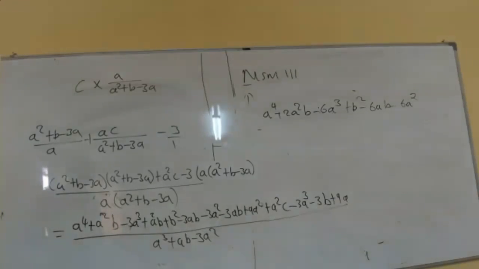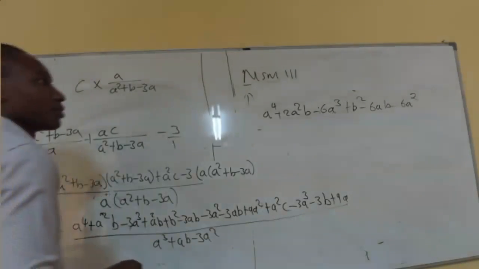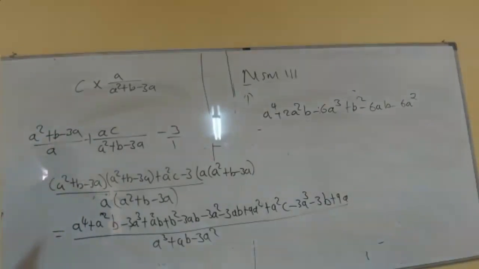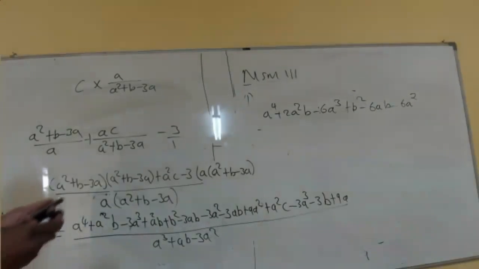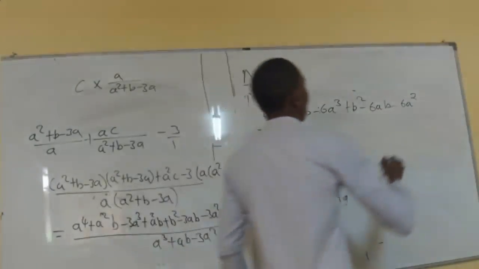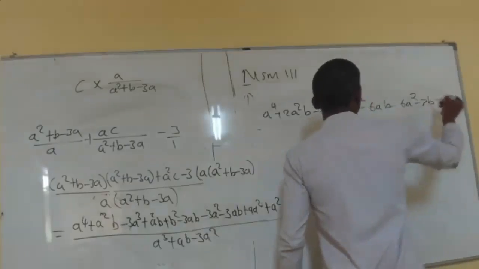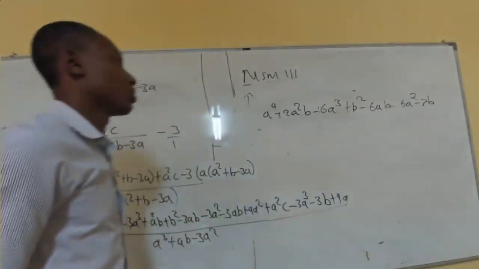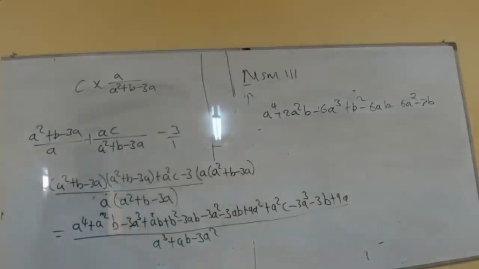Okay, so from there, and we have the B. So if you look at the component with only B, we have minus 3B, right? Then we also have minus 3B, so minus 3B, right? Then we have just A, right?